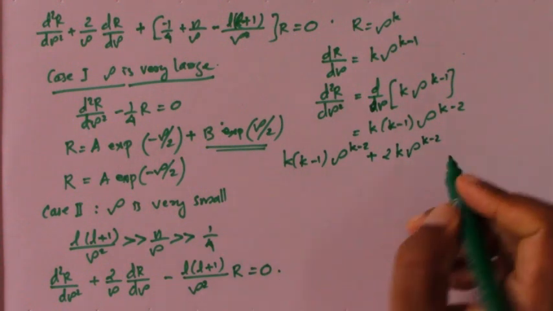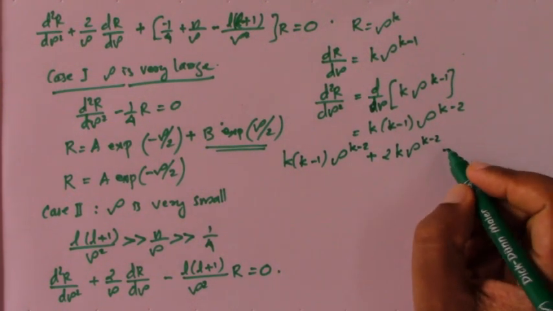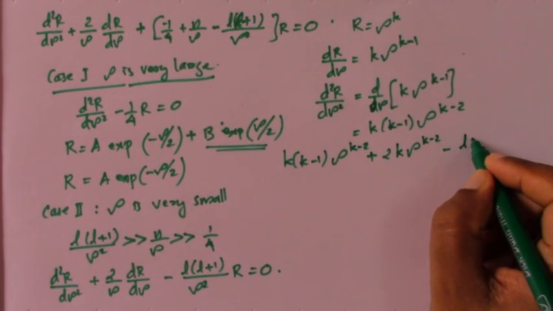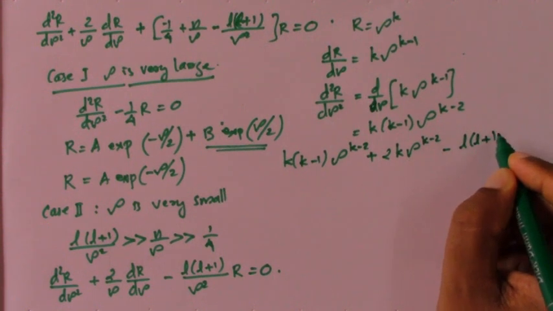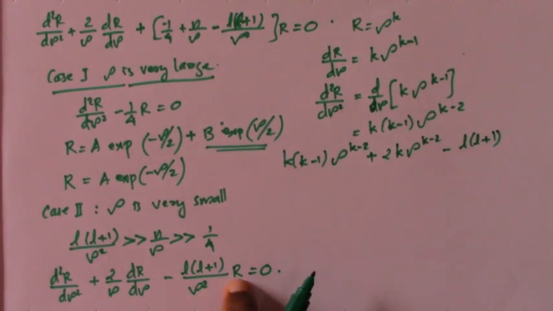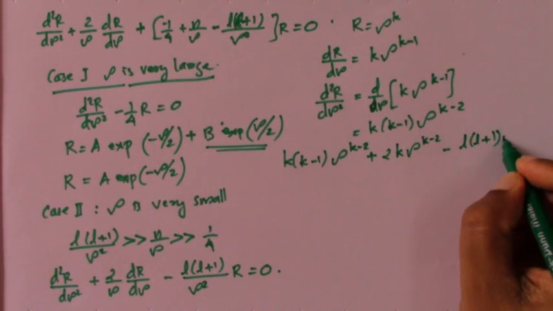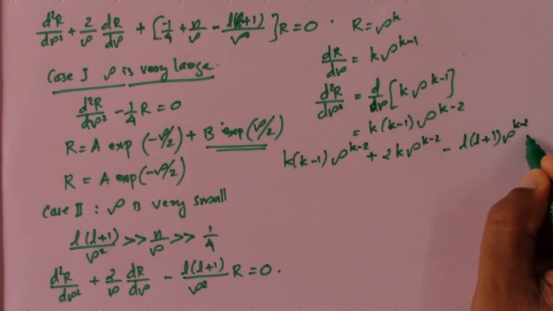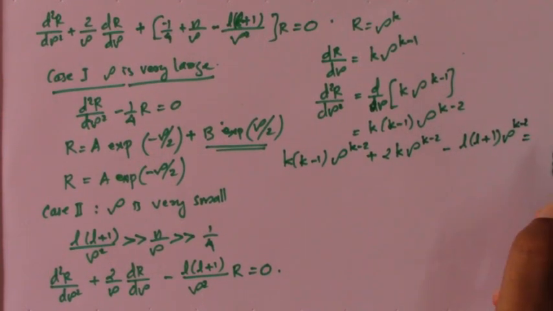And minus L(L+1)/ρ² times r, where r is ρ^k. So ρ^k/ρ² is ρ^(k−2), and that is equal to 0.